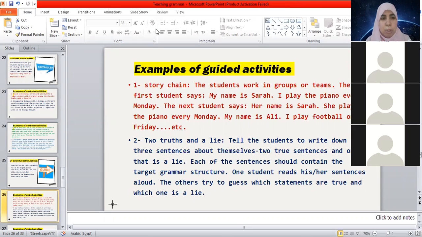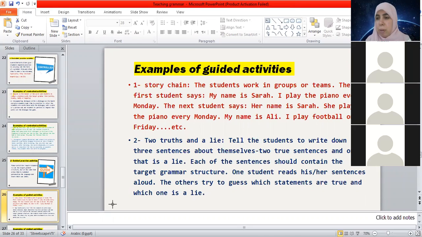You put students into groups, and in each group they have to say a story. Each student says a sentence, and the next student says the previous student's sentence and his own sentence.